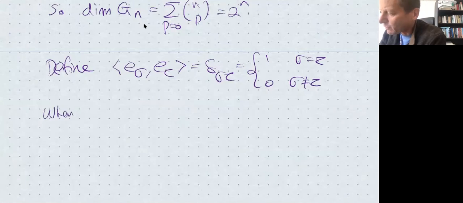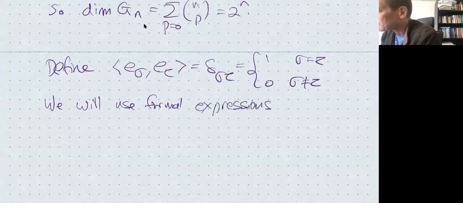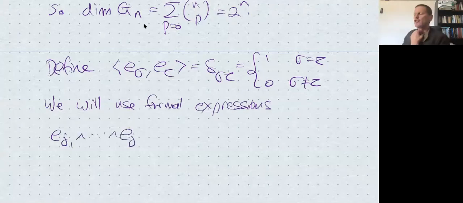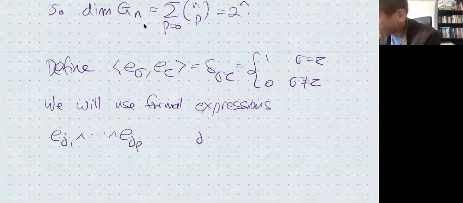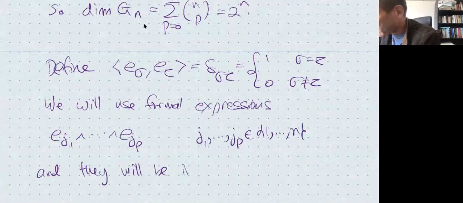And when discussing, we're going to also allow formal expressions in the standard basis elements, but with a different order. So we can have J indices, J1 up to JP, between 1 and n, and they will be interpreted as follows.